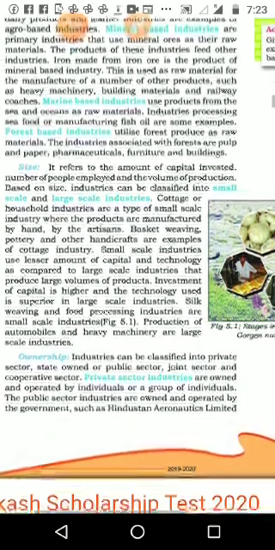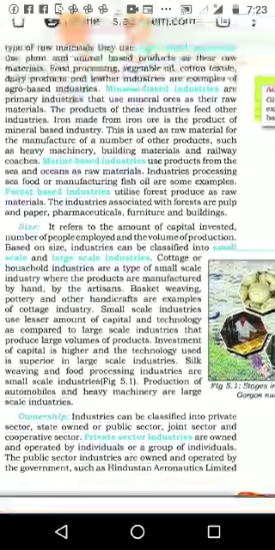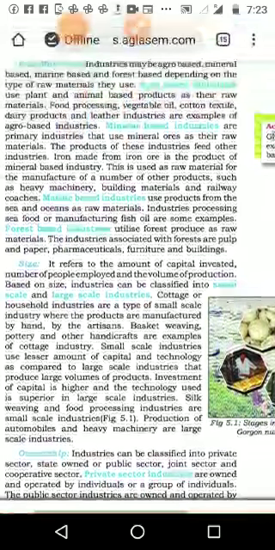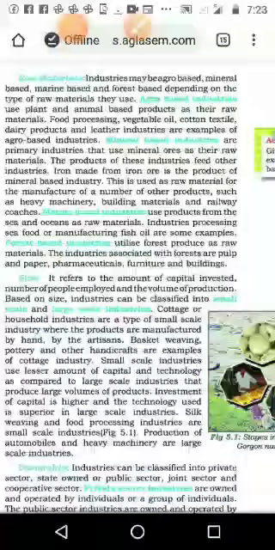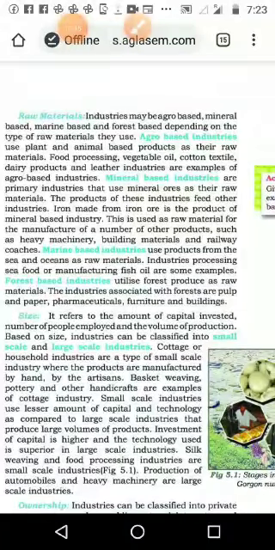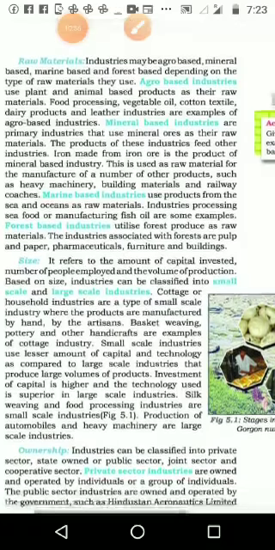So whichever industry depends for raw material on what is inside the forest, that is known as forest based. So we studied 4 types of industries according to raw material. On the basis of raw material we can divide industries into 4: agro based industries, mineral based industries, marine based industries and forest based industries. Okay, we will continue in the next video.